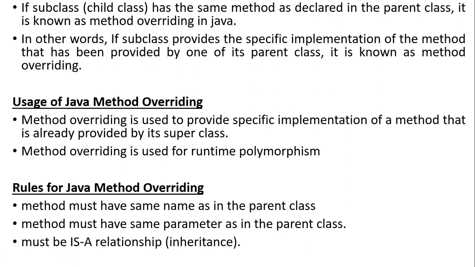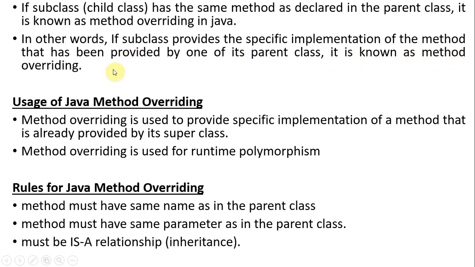Super and subclass definitions are required. In both classes, if the method has the same name, then that is called method overriding. In other words, if a subclass provides the specific implementation of a method that has been provided by one of its parent classes, it is known as method overriding.